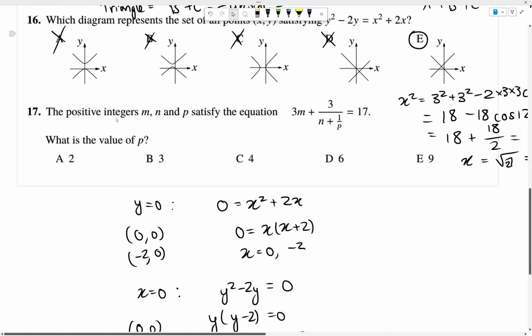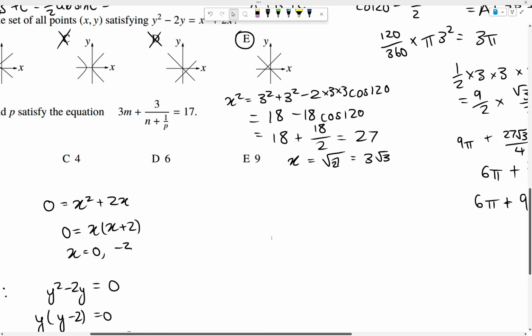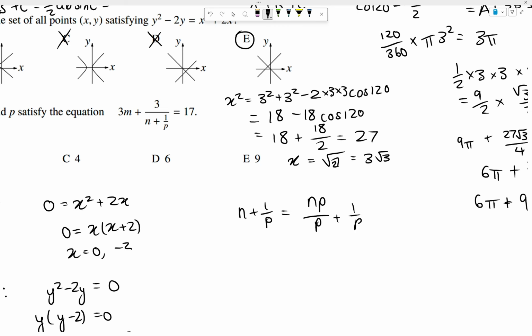So positive integers m, n, and p satisfy that equation. What is the value of p? So I think this would just be some messy algebra. So the first thing I'm going to notice is that n plus 1 over p is equal to np over p plus 1 over p, which is np plus 1 over p.